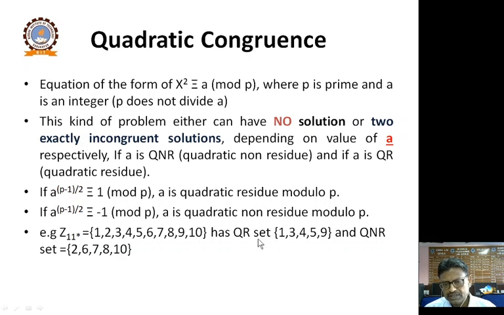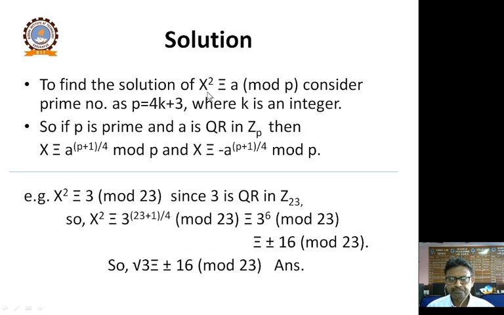So 1, 3, 4, 5, 9 are quadratic residues, because any value of this set raised to the power (p minus 1) by 2 gives 1, while the others are not. So this type of equation will have a solution if a is a quadratic residue. Otherwise, if a is not a quadratic residue, it will not have a solution.